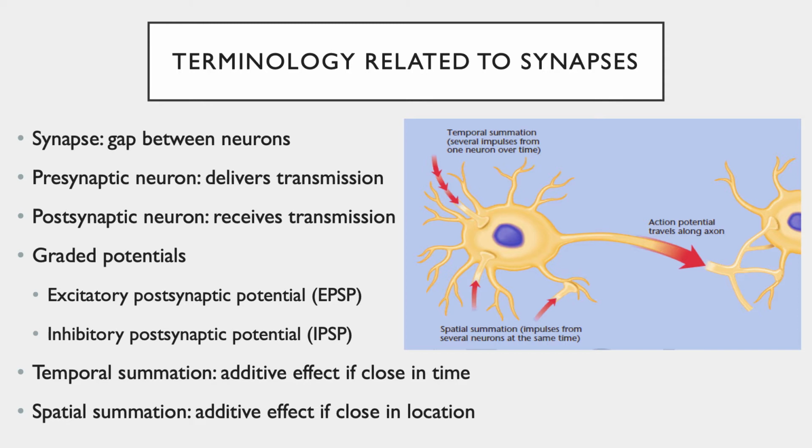Potassium is positive, so leaving the cell leads to it becoming more negative on the inside. Similarly, chloride, which is negative, makes the cell more negative on the inside when it enters. IPSPs essentially serve as the brake that suppresses excitation for that neuron. So EPSPs depolarize the cell, whereas IPSPs hyperpolarize the cell.